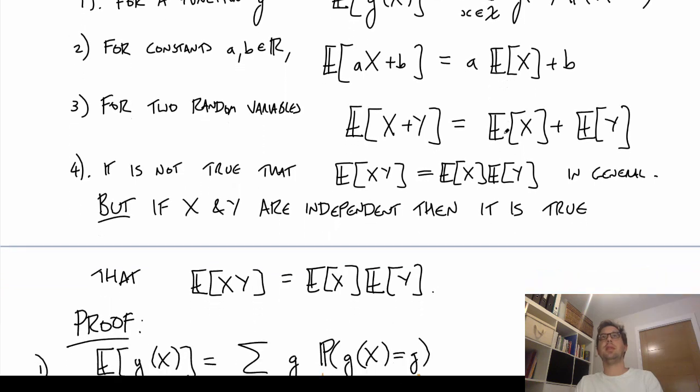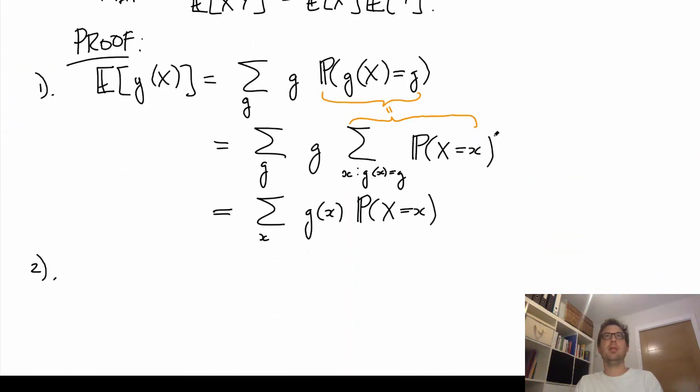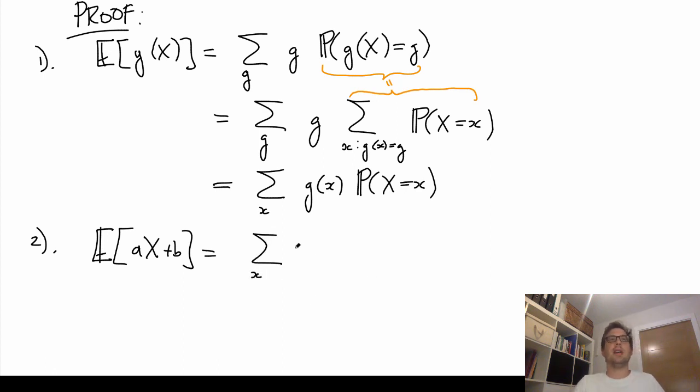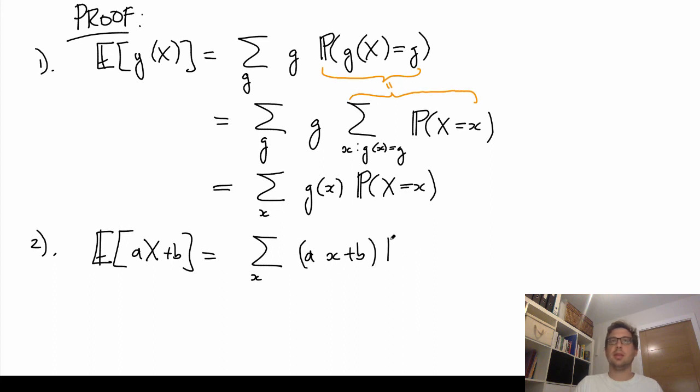Well, number 2 is really just sort of a consequence of the first one, but let's do it quickly. This is just the sum over the values of x of a x plus b, times the probability X equals x. That's just the definition. This is just the result from the first part applied to this specific function.